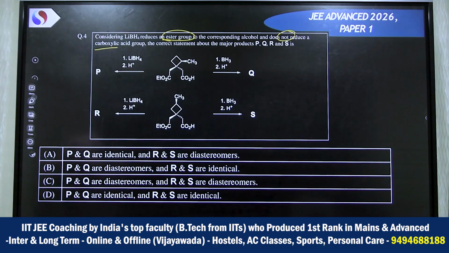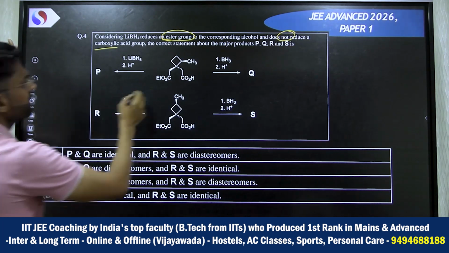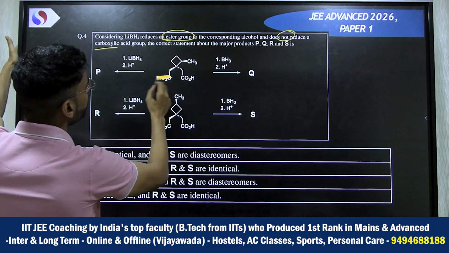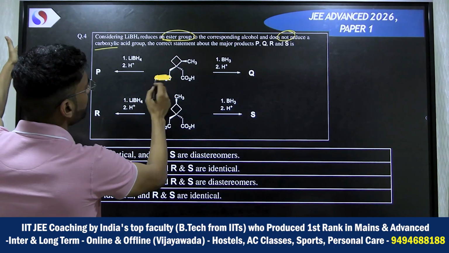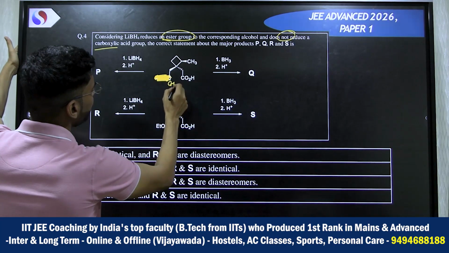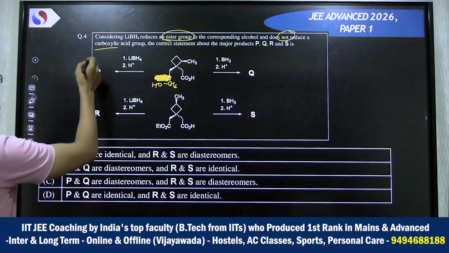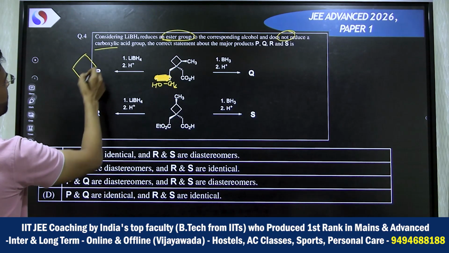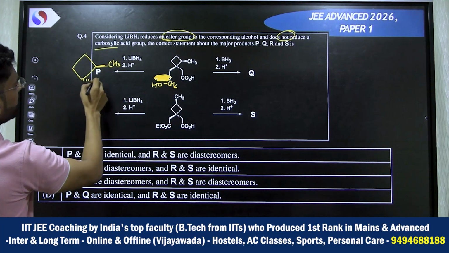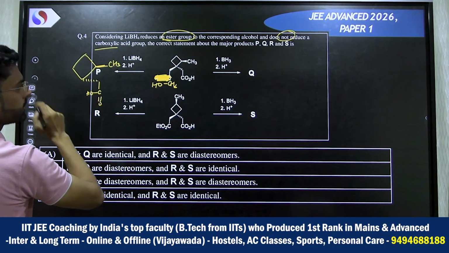If it reduces this, let me see what the product will be. This will be converted into the alcohol, CH2OH. Let me write it down here also. Here you have a methyl group, and at the dash position there is a carbon double bond OH.